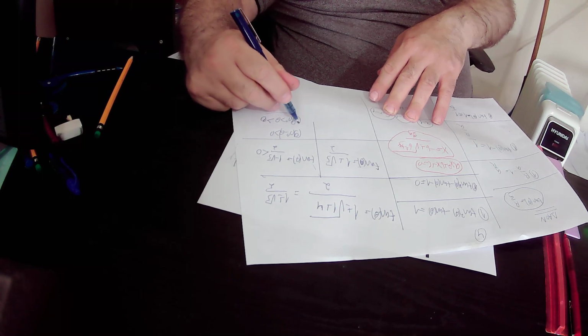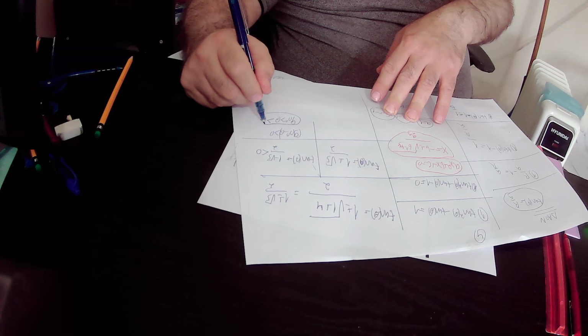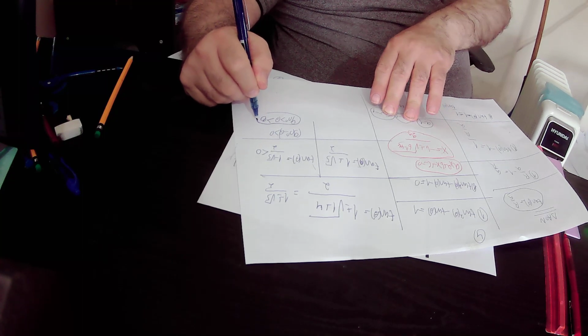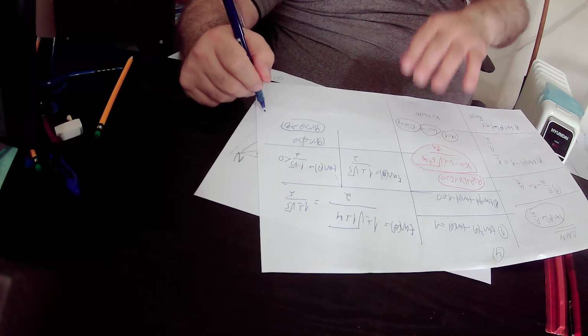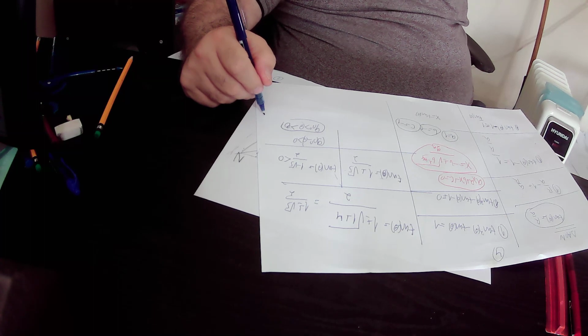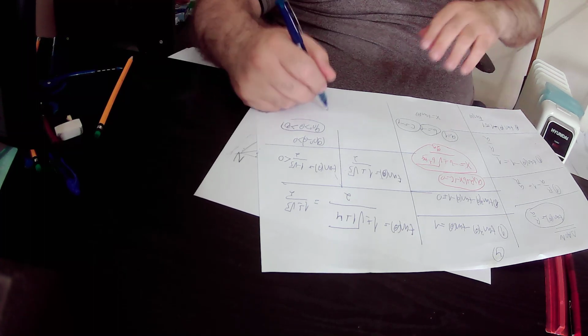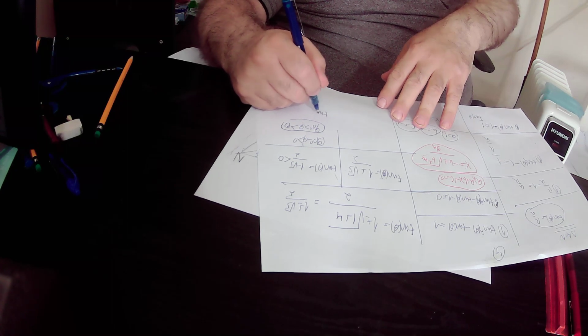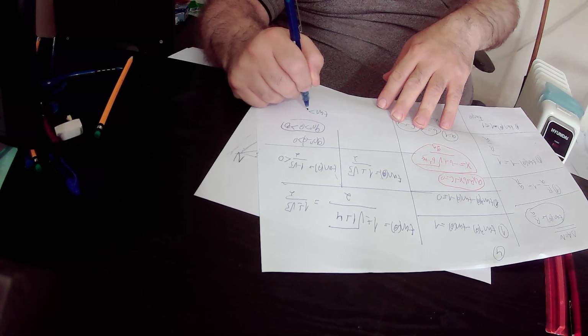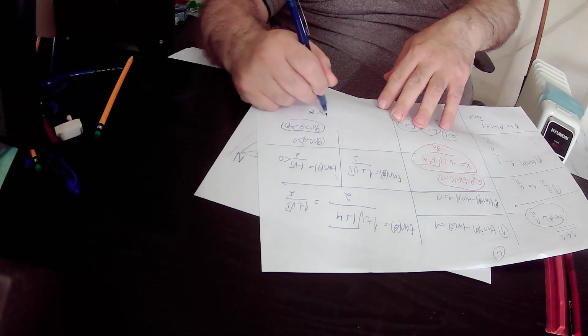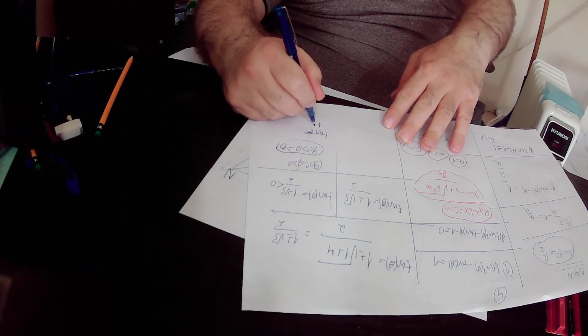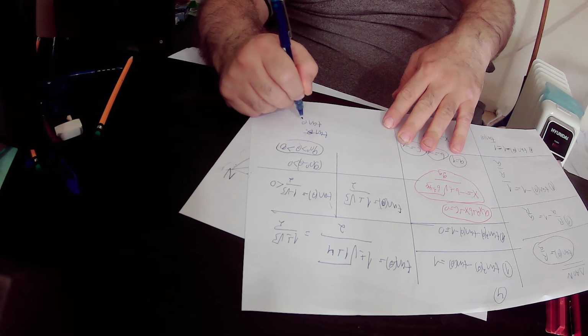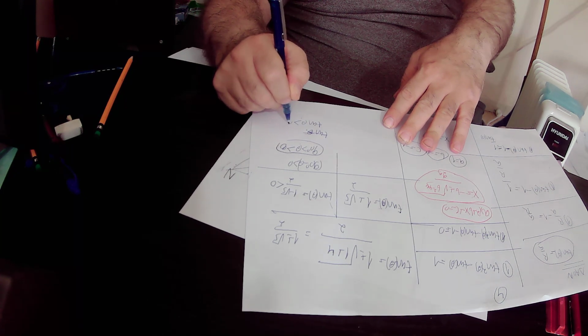So we actually found out that the range of numbers that theta can be is from 0 to 90 degrees. And from 0 to 90 degrees, tangent theta is a positive number. Tangent theta is greater than 0.